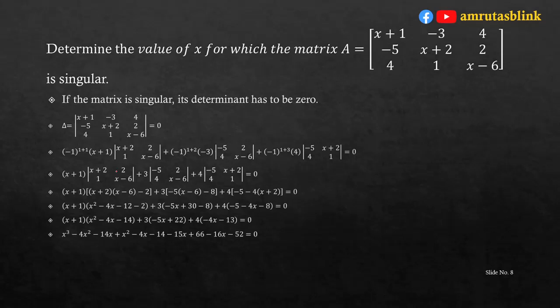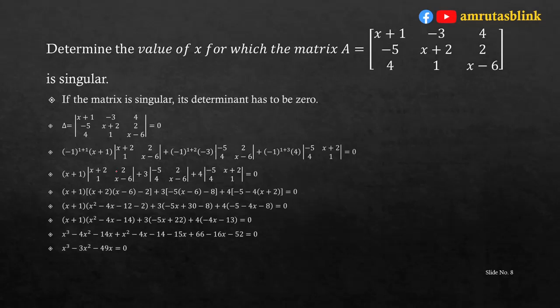Now if we further simplify up to a cubic polynomial, the expression will become x cube minus 4x square minus 14x plus x square minus 4x minus 14 minus 15x plus 66 minus 16x minus 52 is equal to 0. Hence it is x cube minus 3x square minus 49x is equal to 0.